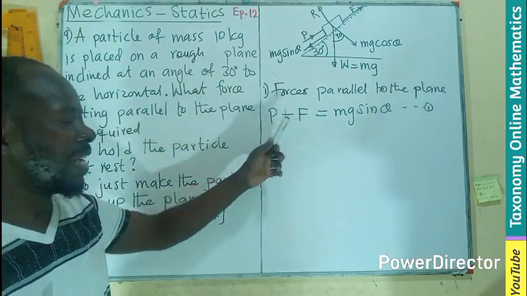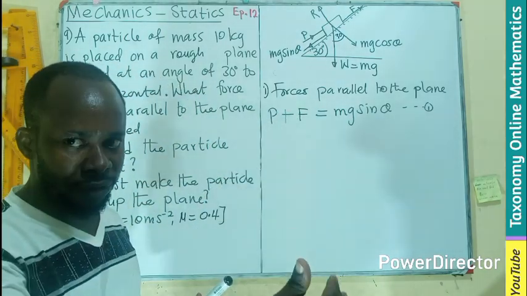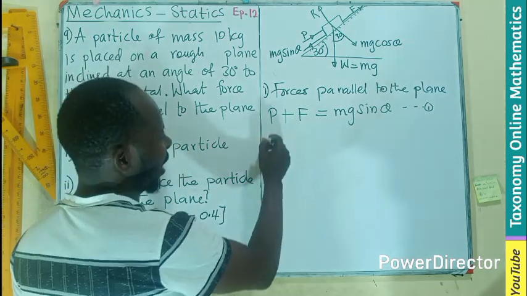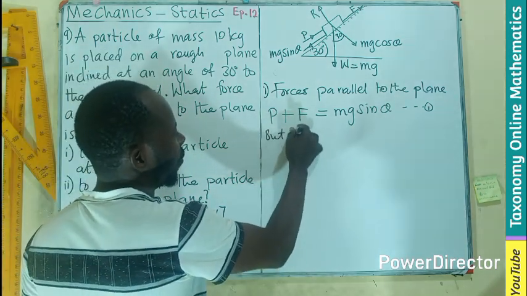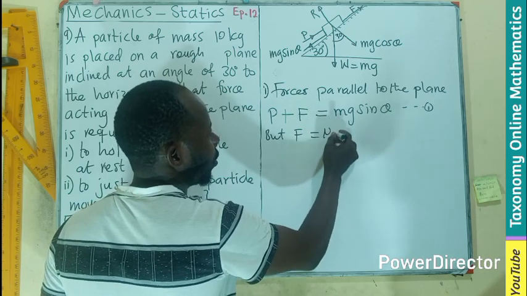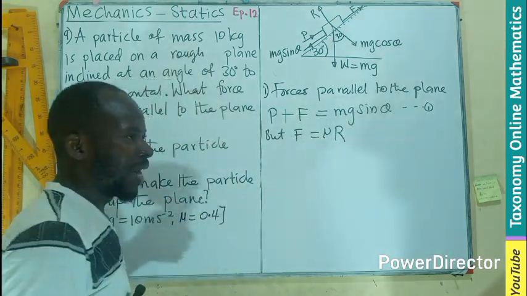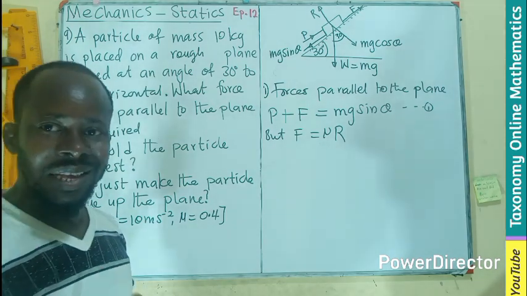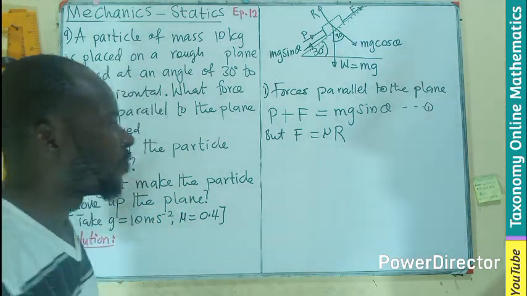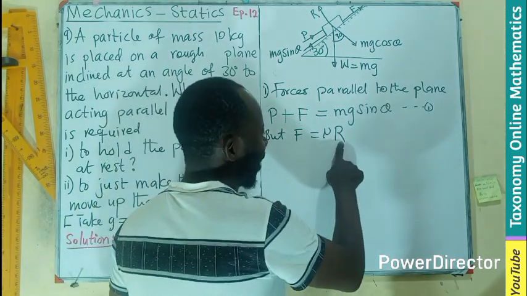Then the only thing we need is the frictional force, which we know is proportional to the normal reaction. So the frictional force is directly proportional to the normal reaction, where the constant of proportionality is the coefficient of friction, given as 0.4. In this case, I need to know what R is.